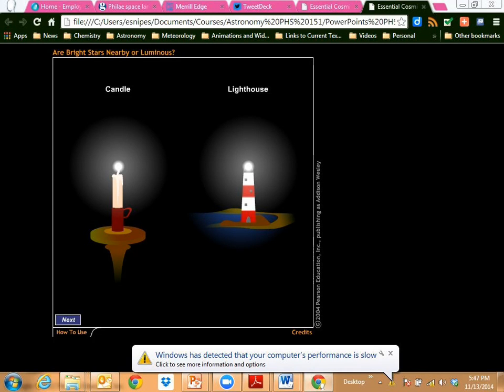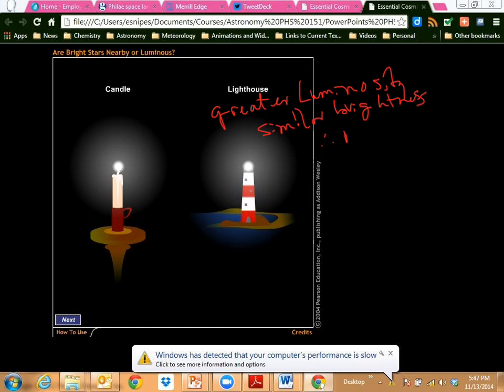So this is a greater luminosity, but similar brightness. It has similar brightness because it's so far away. Therefore, it must be far away.